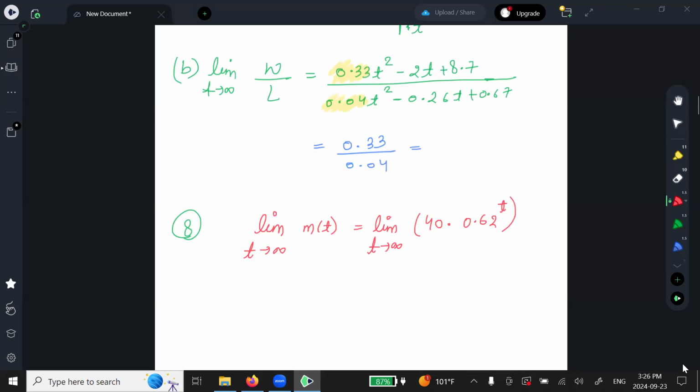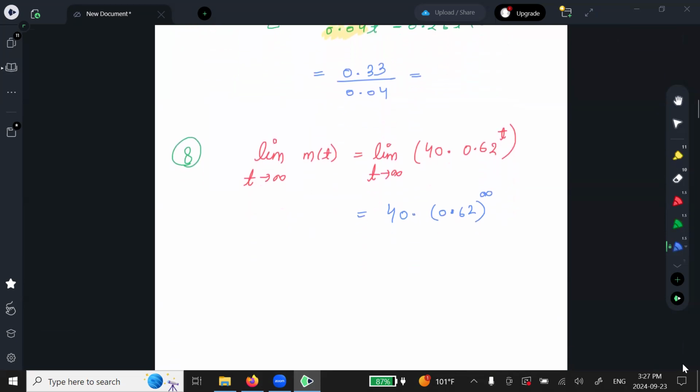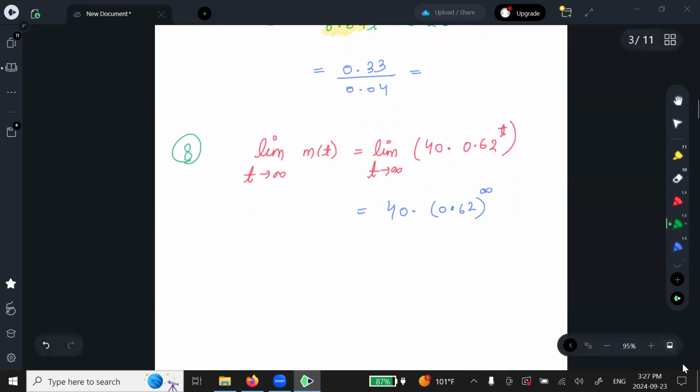You cannot simplify this. And if I plug in infinity, look what will happen. This is a number less than 1. There are 2 things that I want you to remember here.